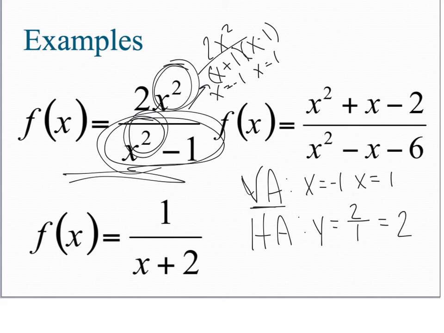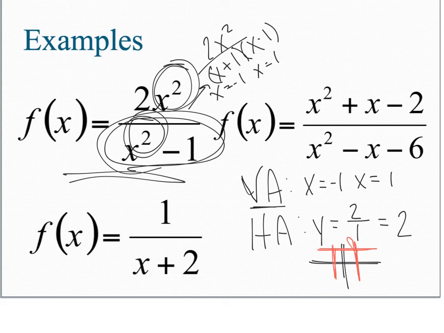So if I were to draw my asymptotes real quick, I'd have a vertical one at -1, a vertical one at +1, and a horizontal one at +2. And that would affect my graph in a way that we'll look at in a little bit.